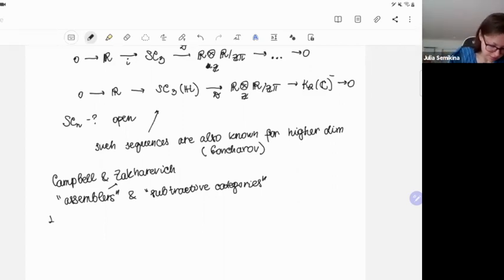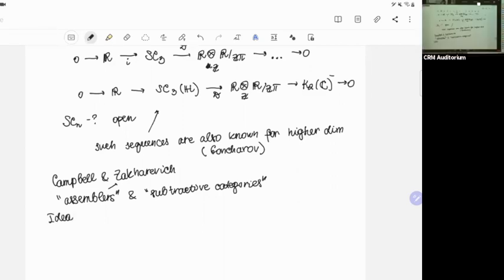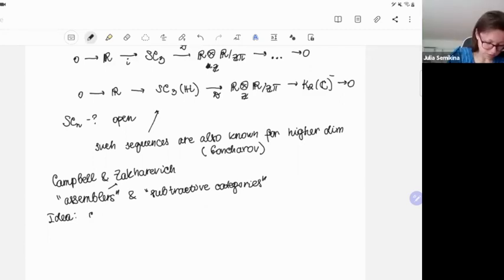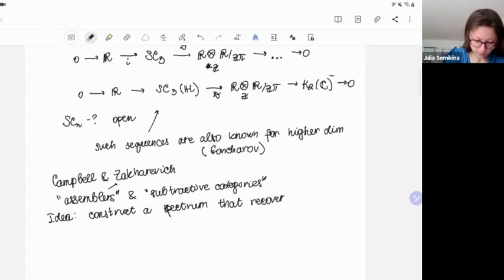So the idea is to construct a spectrum in some natural way that recovers the Scissors congruence groups as pi zero of the spectrum.